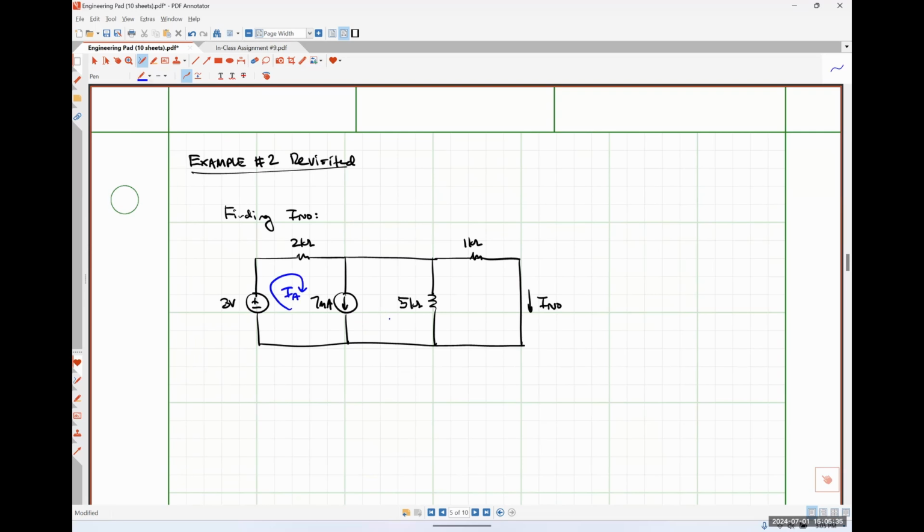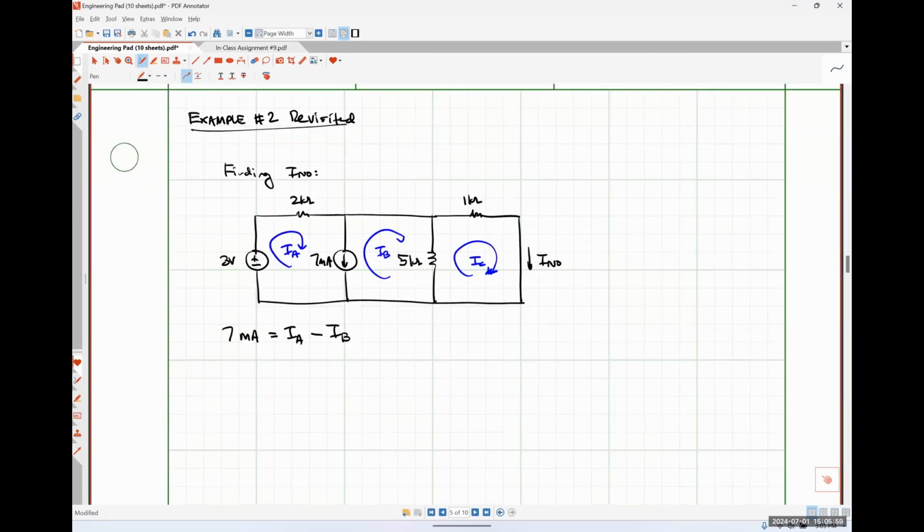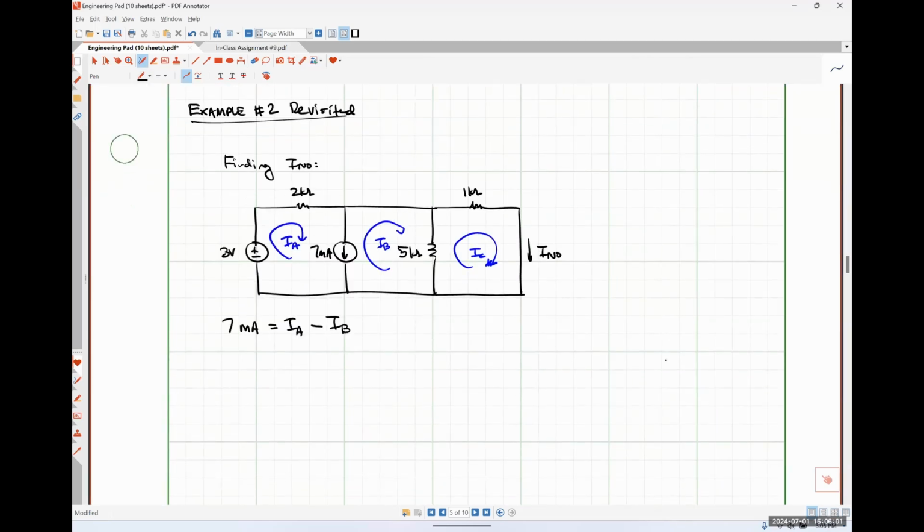So here's mesh current A, B, and C. All right, so I have a current source. So I have a current relationship equation that says 7 milliamps is equal to IA minus IB. Now I'm going to write my KVL equation around supermesh AB.